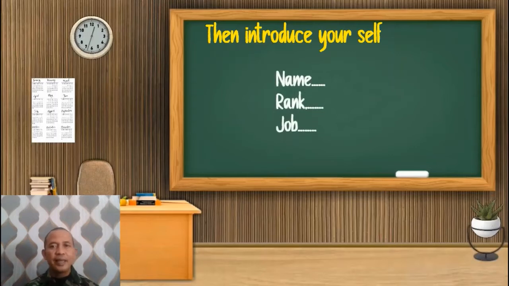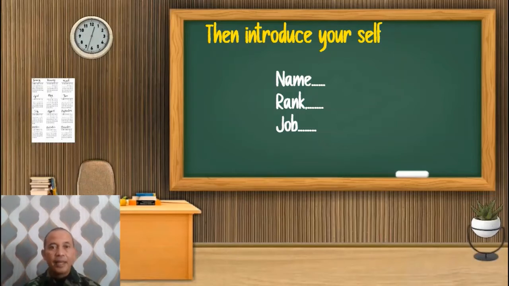If you are in the military environment, we usually only mention three things: name, rank, and also the job. For example, I am Captain Oka Pribawa, and I am the interpreter of English of the RDB 39B 2021. So that is one example of what information you need to deliver when you are introducing yourself in the presentation.